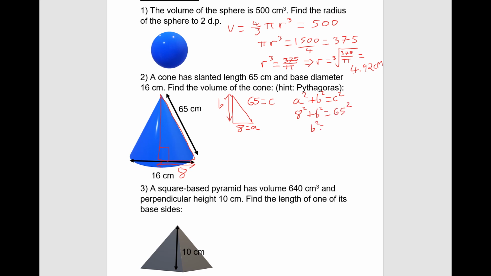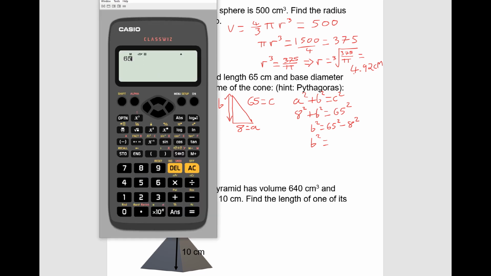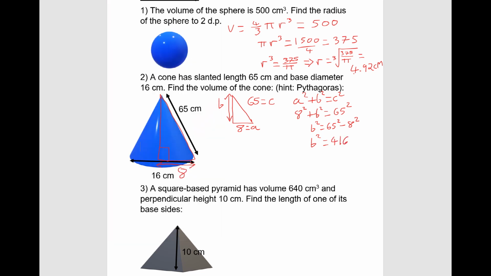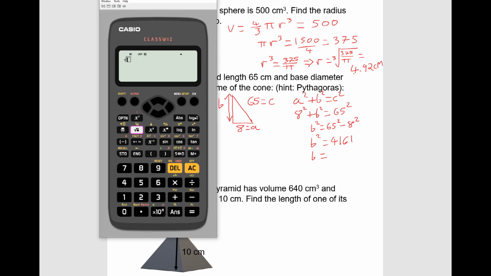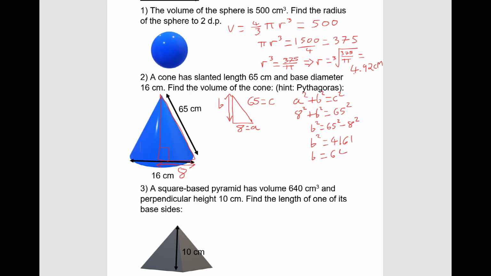To get b squared, we can subtract 8 squared from both sides. So b squared is, if I just get my calculator, 65 squared take away 8 squared, we get 4161. And then to get b on its own, we need to square root both sides. So we have the square root of 4161, which is 64.51.